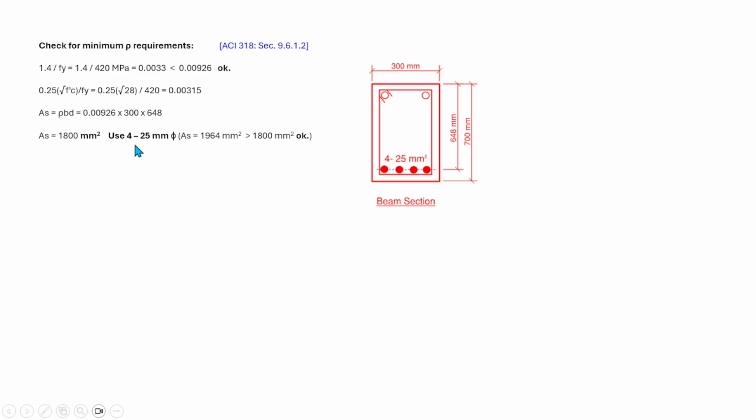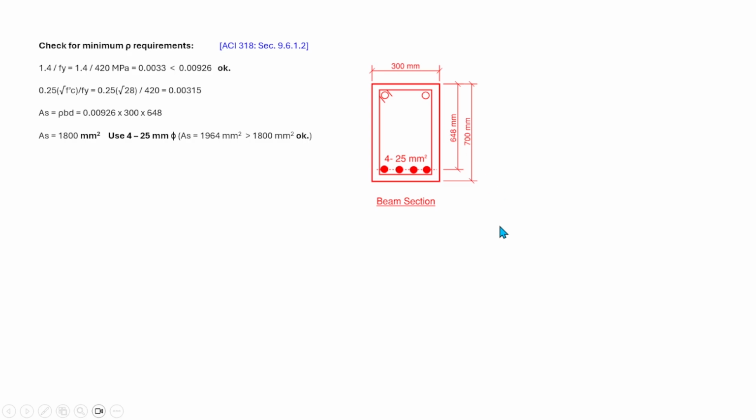If we use 25 mm diameter bars, it requires 4 pieces, and the total area is 1964 square mm, which is greater than our requirement of 1800 square millimeters. Now this is the beam section. We have 4 25 mm diameter bottom bars. This is the profile, and we are not calculating the top bars. These are the hanger bars.